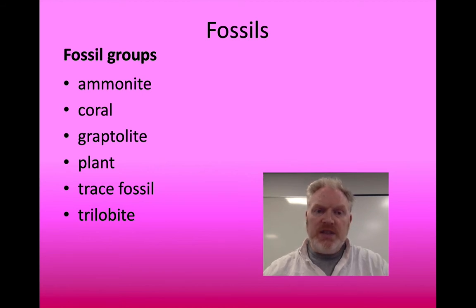These 6 fossil groups are ammonites, corals, graptolites, plants, trace fossils, and trilobites. Now, ammonites or cephalopods have a distinctive coiled shell. That coiled shell is subdivided into internal compartments as well.